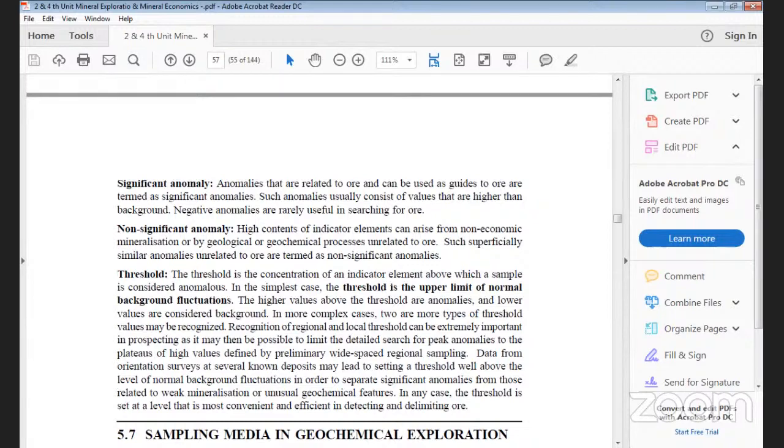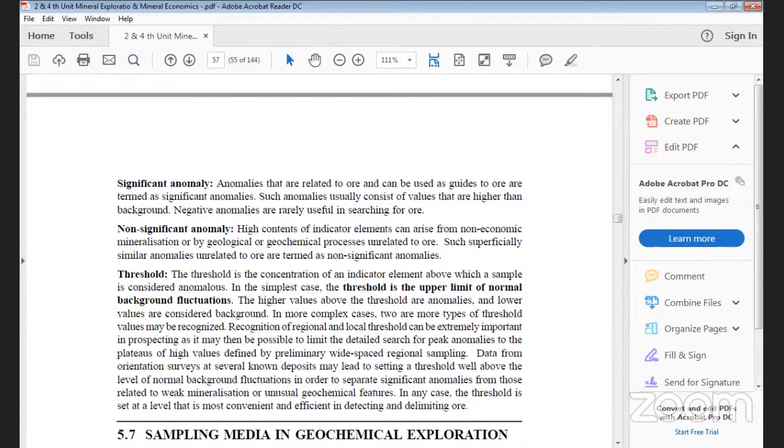In a detailed survey, we again collect samples from different locations where values above the normal background were fixed. From those locations, we need to collect the samples and do the analysis. We do the analysis and we see the laboratory data.